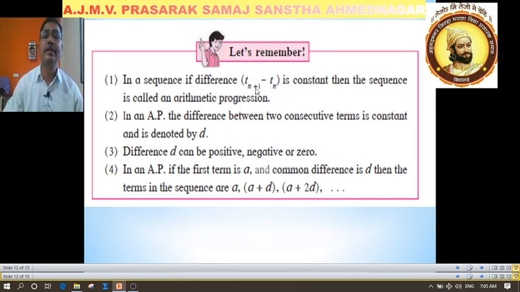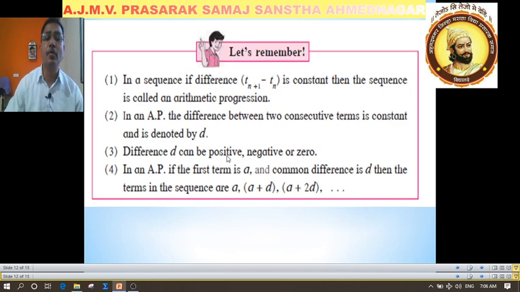Particular differences are T2 minus T1, T3 minus T2, T4 minus T3 and so on. If the difference Tn plus 1 minus Tn is constant, then the sequence is called an arithmetic progression. In an arithmetic progression, the difference between two consecutive terms is constant and is denoted by D.